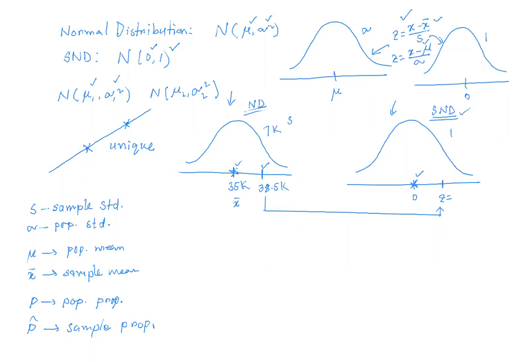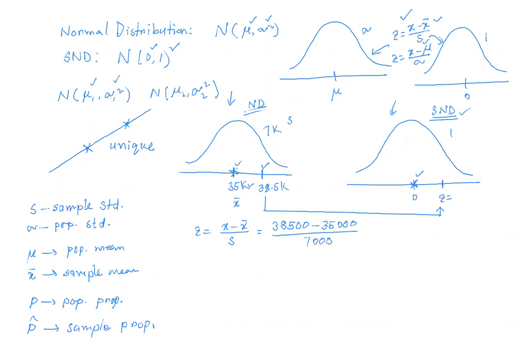Now, how do I find out what is the exact value of z that corresponds to 38,500? It's easy. Z is equal to x minus x bar divided by sample standard deviation. So x is the point in question, 38,500, minus x bar, which is 35,000, all of it divided by 7,000.